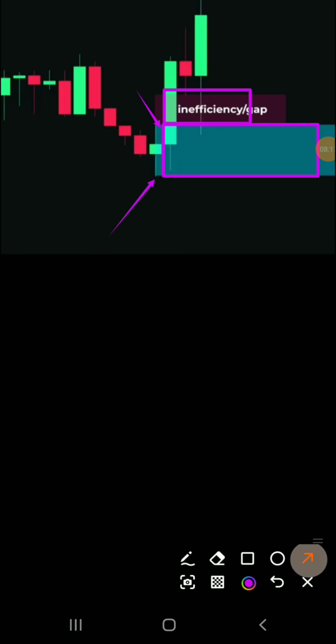This third candle has a wick. Even if it's a wick that came down and touched this order block, this order block is considered invalid. It could be a wick, it could be a candle body. We just don't want the third candle that forms to go back inside the order block area.